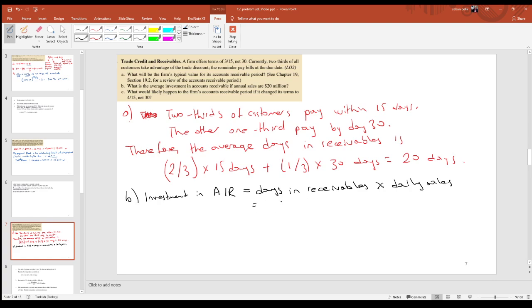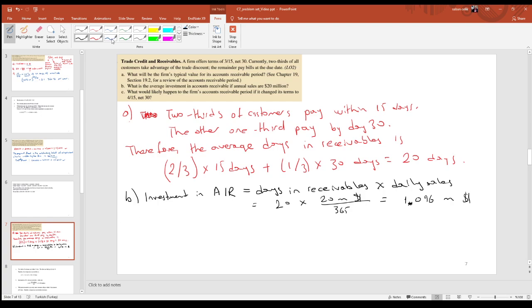So this is going to be 20 days times $20 million divided by 365, and this equals 1.096, so about $1.1 million, right?